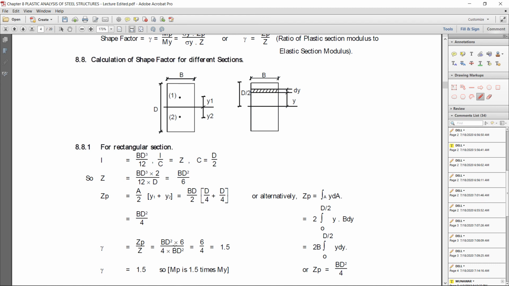It is just rearranged. The plastic section modulus is b d square by 4, and the elastic section modulus is b d square by 6. b d square will be cancelled out. The answer is 1.5. Okay, we got the shape factor 1.5.